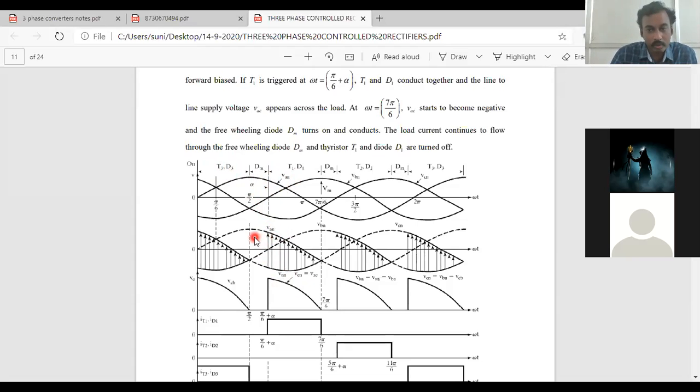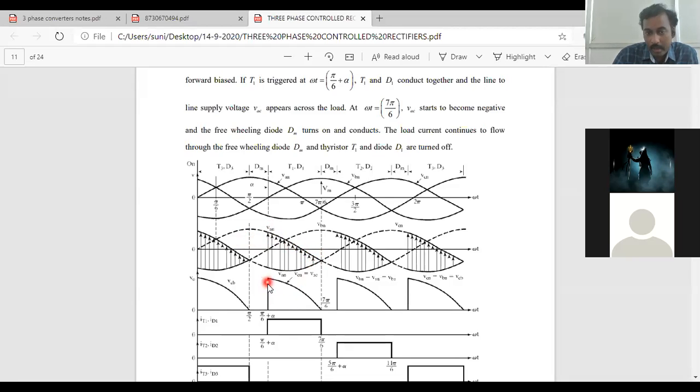In this case, you are going to have the voltage VAN. The arrows, the part from this particular point to this, is the conducting region, and the rest is the non-conducting region.